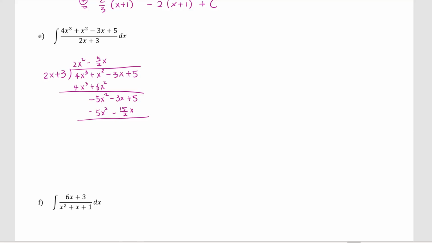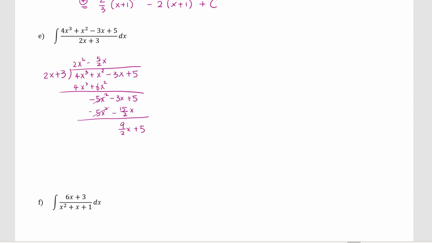Okay, use the first line, subtract the second line. What do we get? We get the first one cancel. That is like negative 3x plus 15 over 2. So 15 over 2 minus 3 is like 6 over 2. 15 minus 6 is 9. So 9 over 2x plus 5.